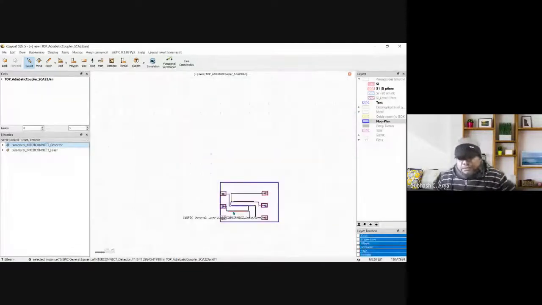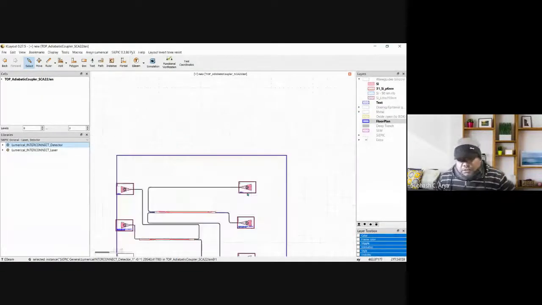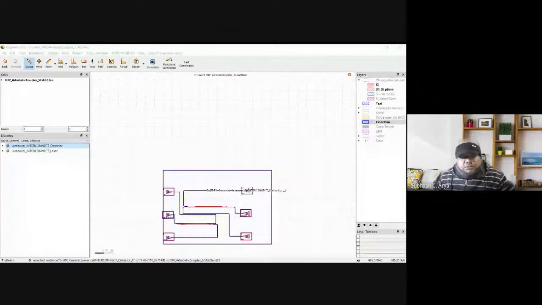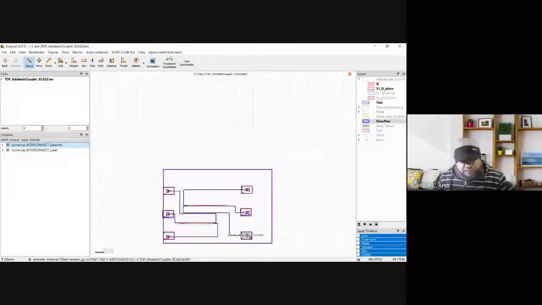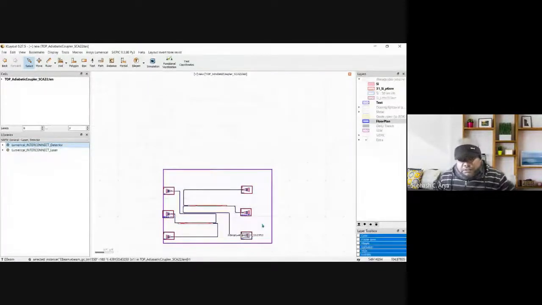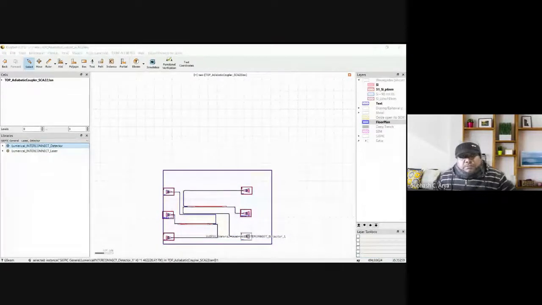Okay, and this will be photodetector number 3, and here photodetector number 4. I think this is not selected. Here photodetector number 4. Okay.